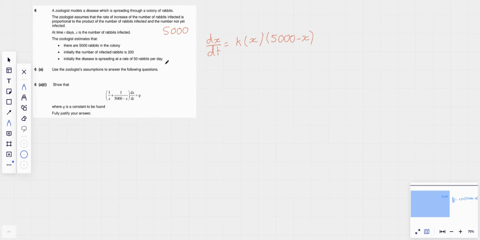Now clearly what we can do, we can divide by x, and divide by 5,000 minus x. So we get 1 divided by 5,000 minus x times by x, dx/dt, really important to remember to put this in. And this is equal to k.